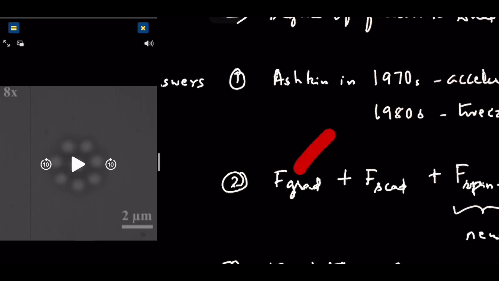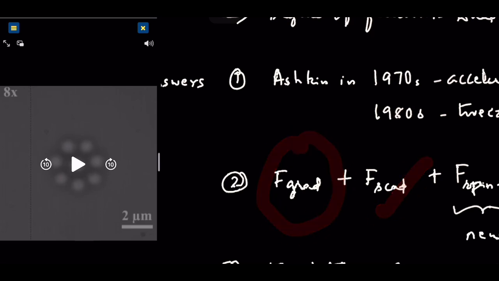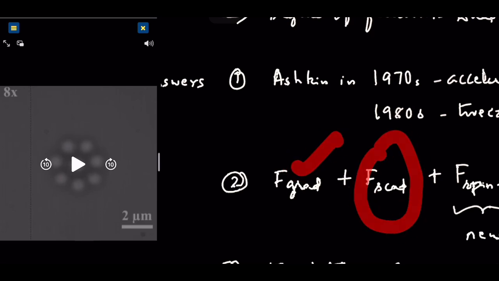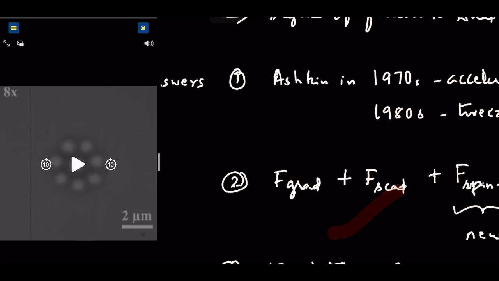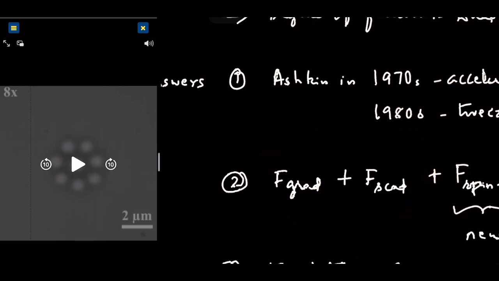So these two forces participate and, counterintuitively, help one to achieve either propulsion or trapping. If the gradient force is dominant over the scattering force, you can trap objects. If the scattering force is dominant over the gradient force, then you can propel the objects. So these two forces were identified at a very early time.